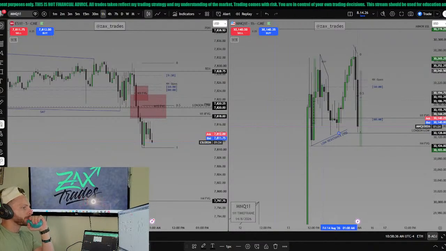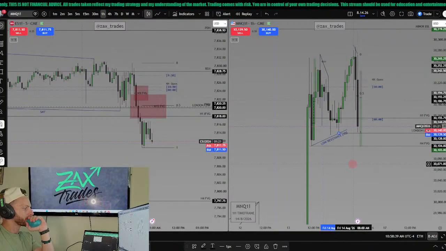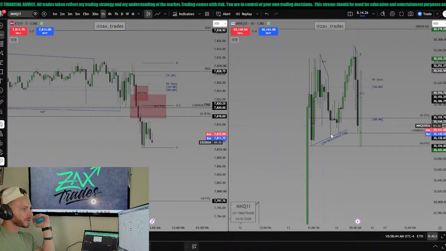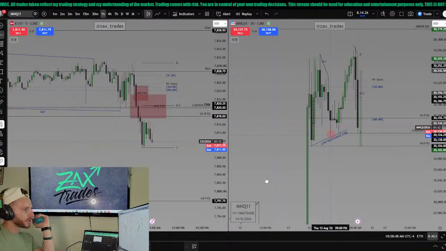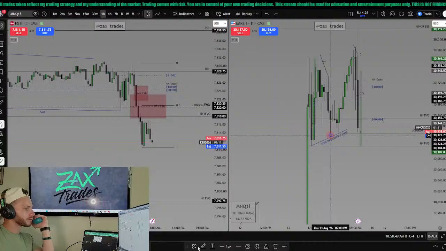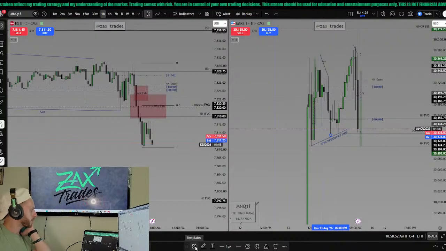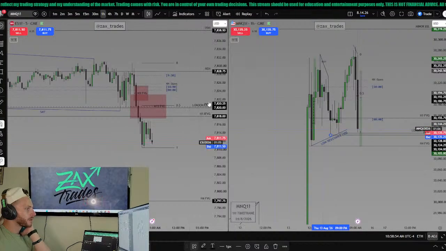I'm gonna go ahead and mark this Asia low too while I'm thinking about it. I only had it on NQ chart.